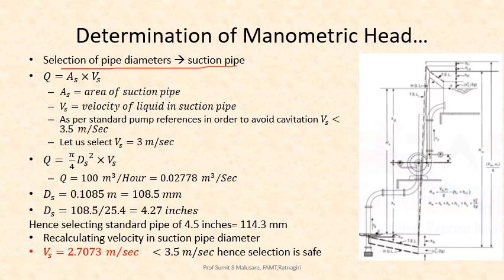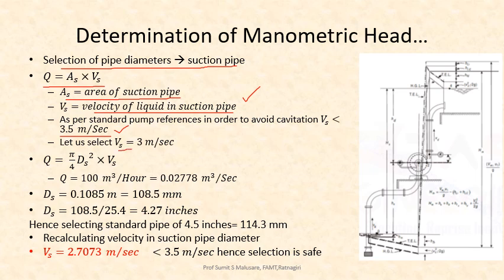Now, determination of pipe diameters. We know the formula: Q is equal to the area of the suction pipe into the velocity in the suction pipe, Q = As × Vs, where As is the area of the suction pipe and Vs is the velocity of the liquid in the suction pipe. As per standard references, the velocity in the suction pipe should be less than 3.5 meters per second in order to avoid cavitation.